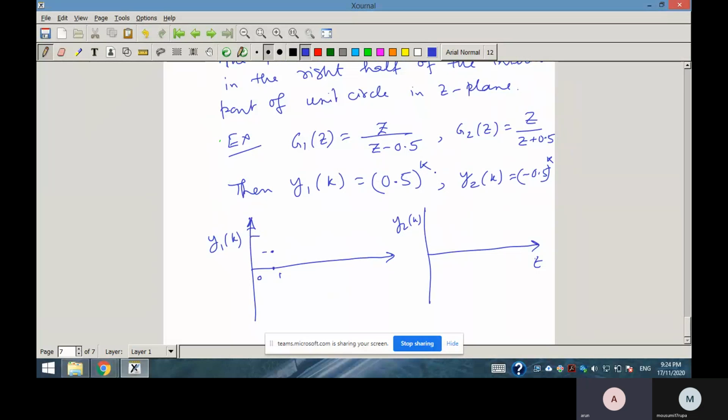Then k equal to 2 means 0.25, and then k equal to 3 means 0.125 and so on. So the response will be like this.